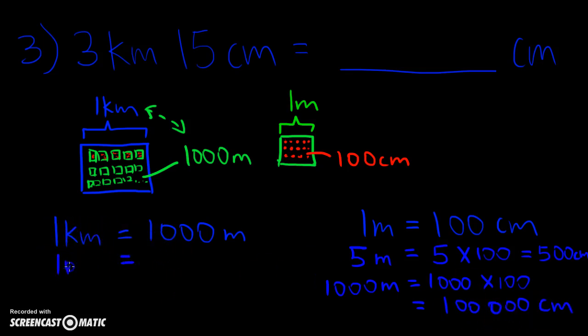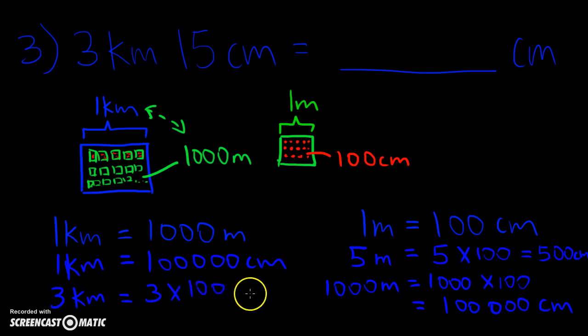So 1 kilometer is 100,000 centimeters. When I want 3 kilometers, it is 3 times this 100,000 centimeters, which gives me 300,000 centimeters.